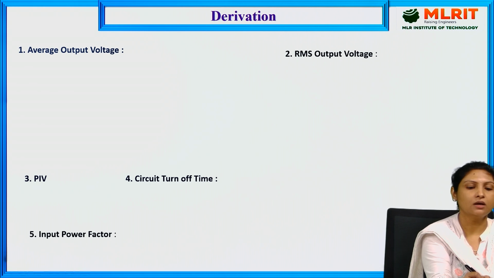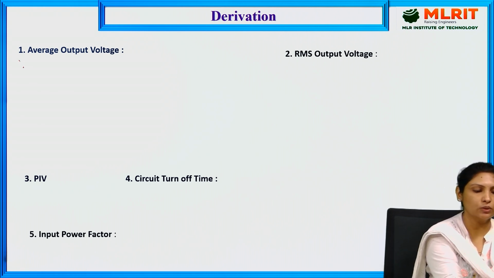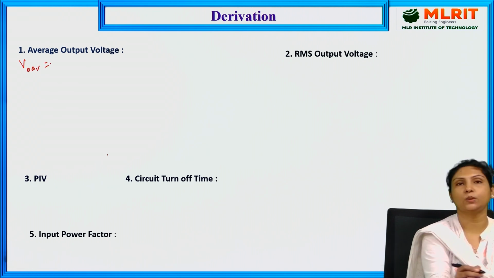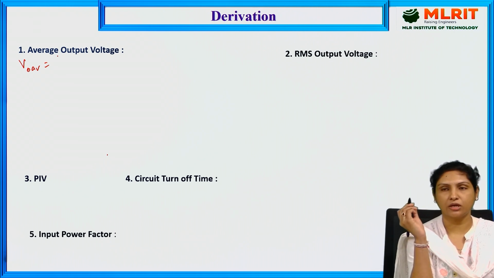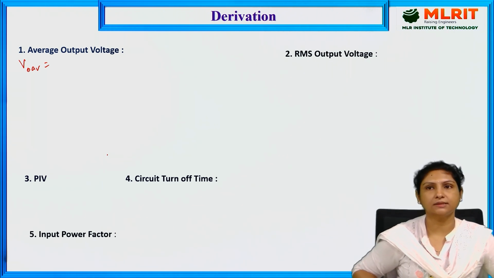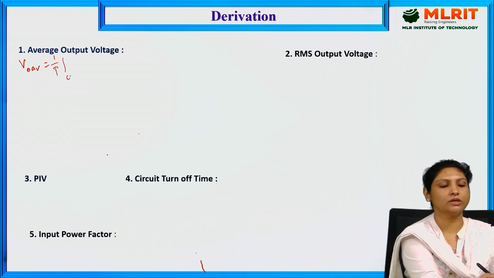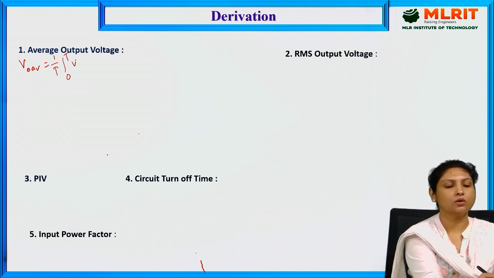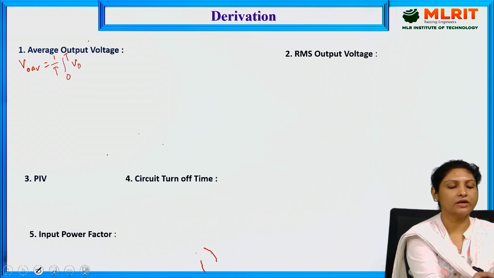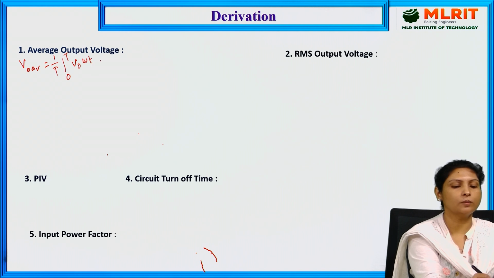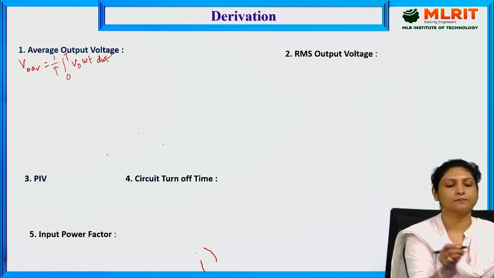The average output voltage is usually denoted V0 average, which is given by the general formula I have already discussed: 1 by T, integral from 0 to T, V0 of omega t, d omega t.